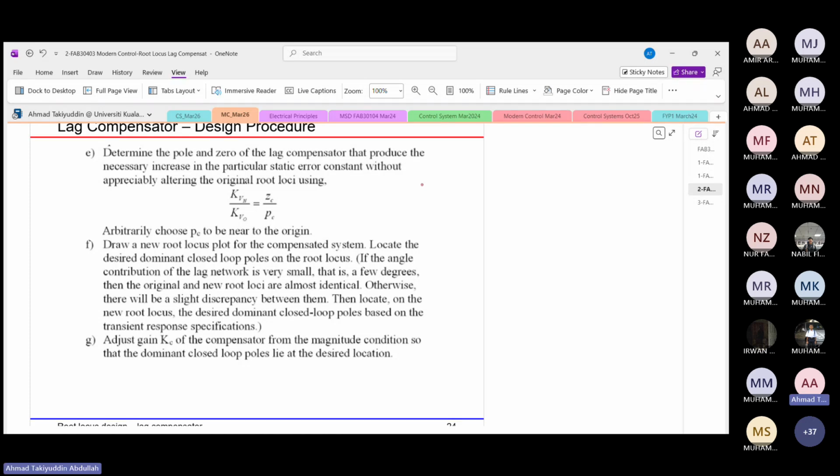This is the transfer function that you are going to have in general, where it is going to be K times (s plus z1)(s plus z2), and so on, over s to the power of n times (s plus p1)(s plus p2), and so on.